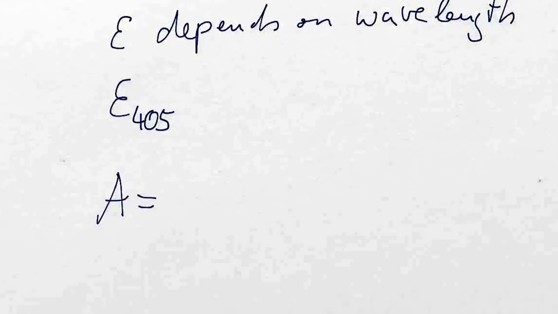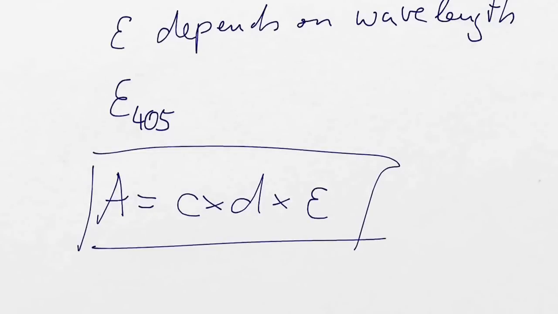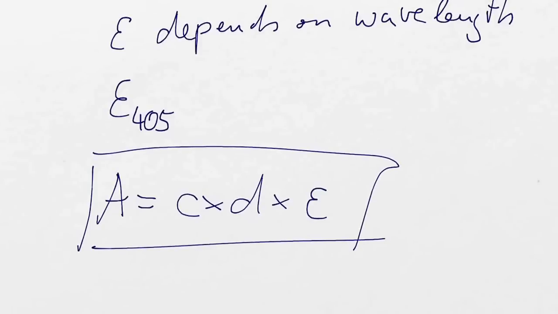A equals C times D times epsilon. This is the Beer-Lambert law again. Does this directly depend on the wavelength? Is there a wavelength in it? In this equation? No. There isn't a wavelength in it. The wavelength is only in this epsilon. Yeah? But not in the Beer-Lambert law.